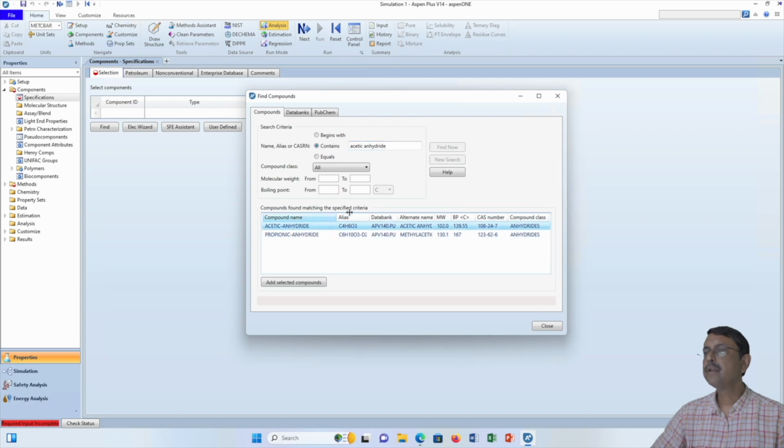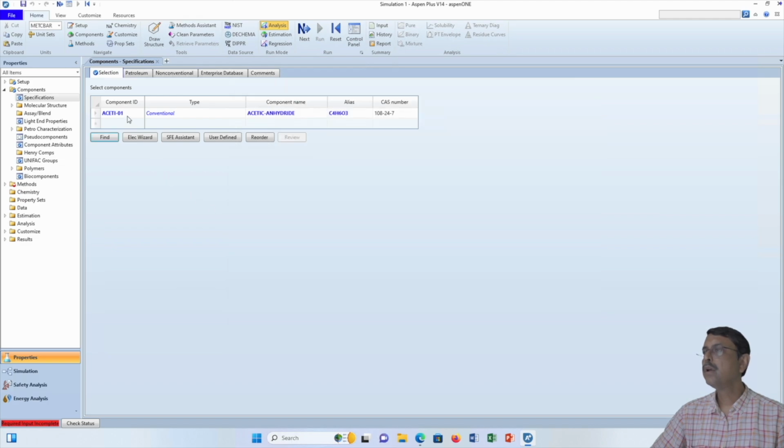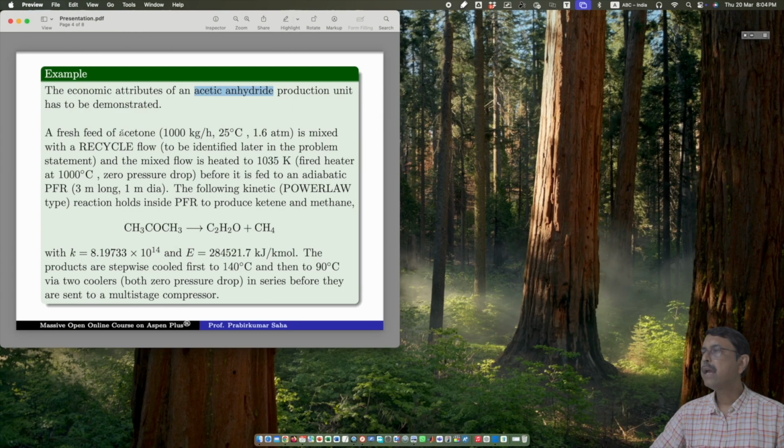This one is the one which we have to choose. So let us name it acetic anhydride. Okay, rename. Then what else? We have acetone, which will produce ketene and methane.